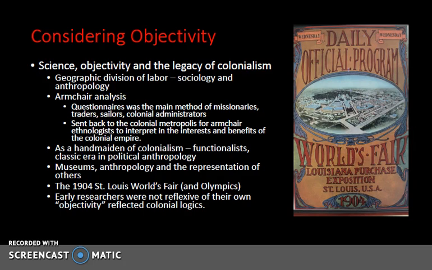Some of this comes from critiques of anthropology, particularly early anthropology, which did serve to justify a hierarchical nature of society as a whole. So when we think about objectivity, how does this tie in not only with the idea of doing science from the natural science model, following Habermas, but also with the legacy of colonialism?